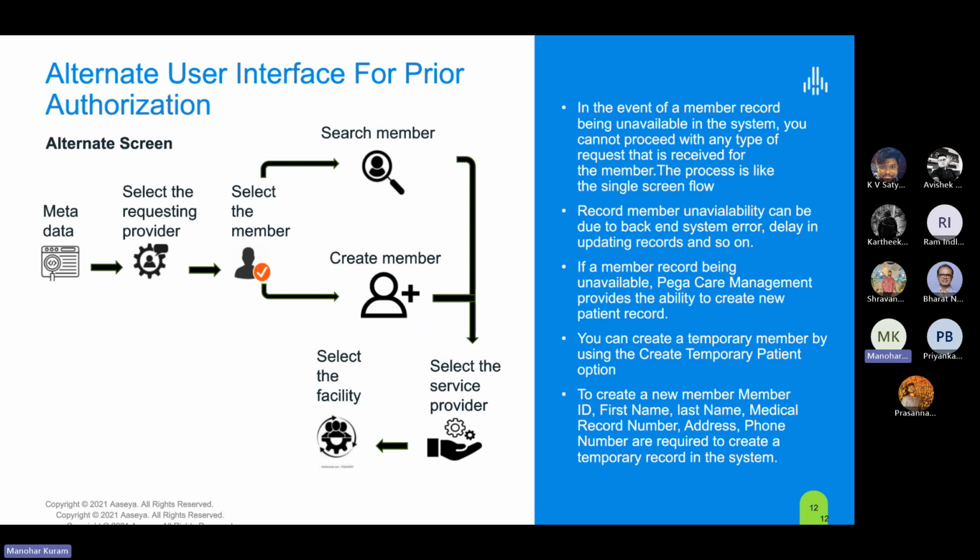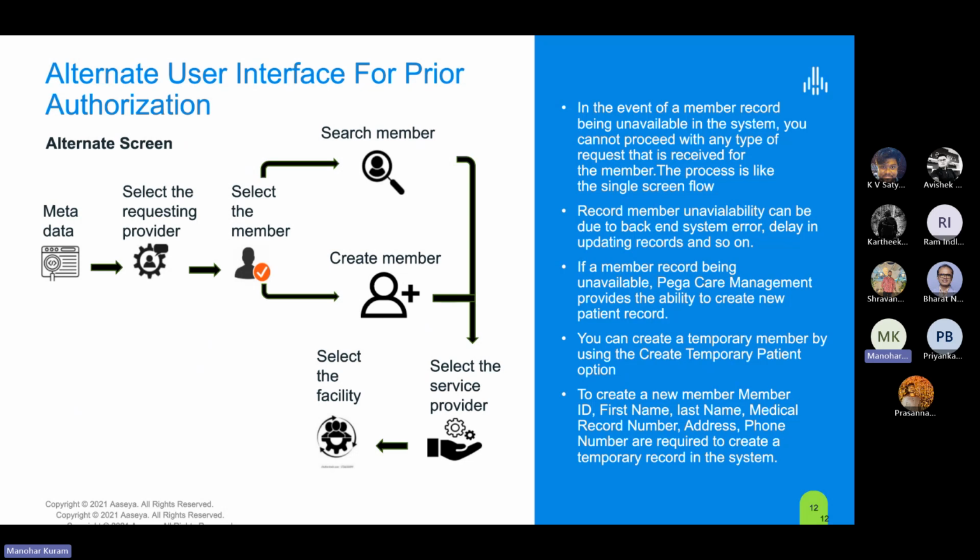Now, similarly, there is an alternate user interface for prior authorization. What if the member details are not displayed on the system? Then you cannot proceed with any of the requests or the authentication type. So we have a screen wherein we do not have the member details.